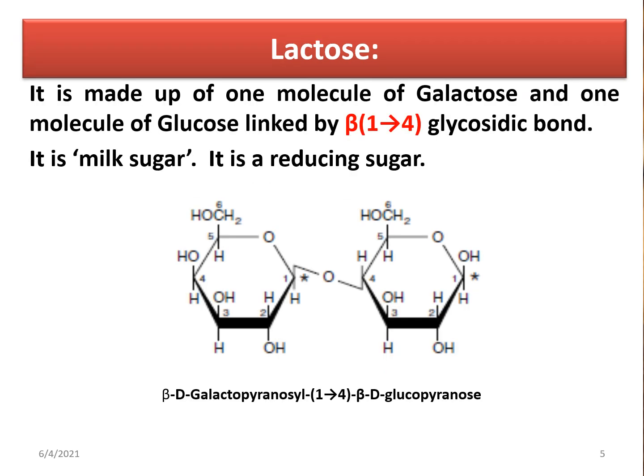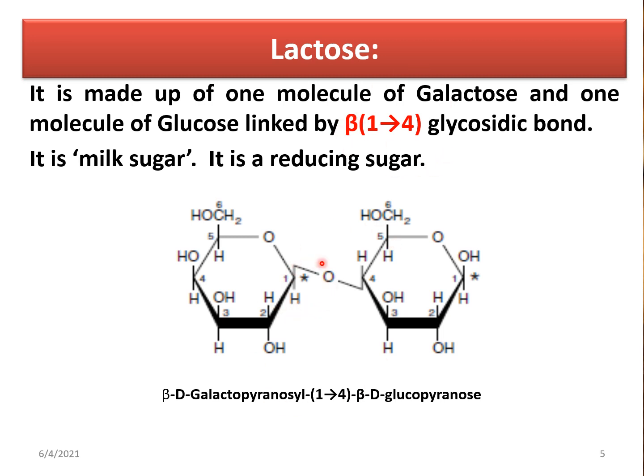The other disaccharide is lactose. It is formed by reaction between the galactose and the glucose molecule, and the O-glycosidic bond between glucose and galactose molecules in the lactose is in the form of beta 1,4.